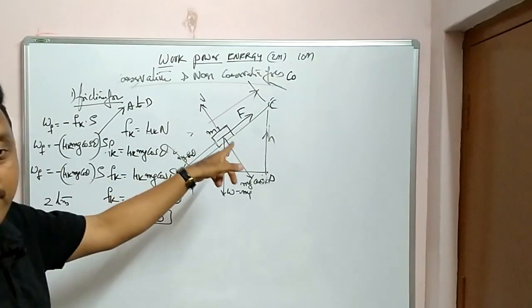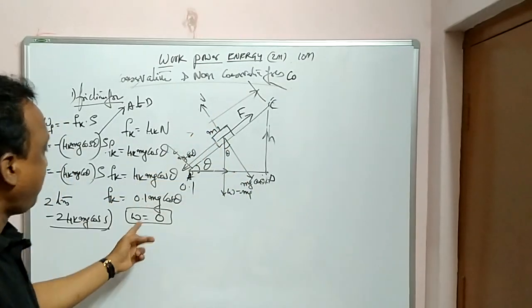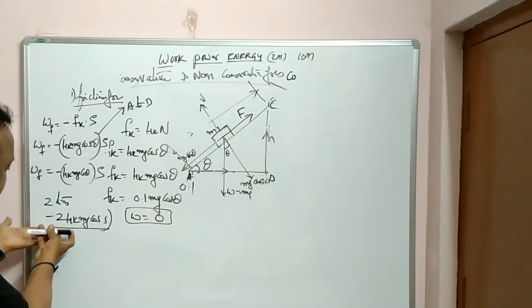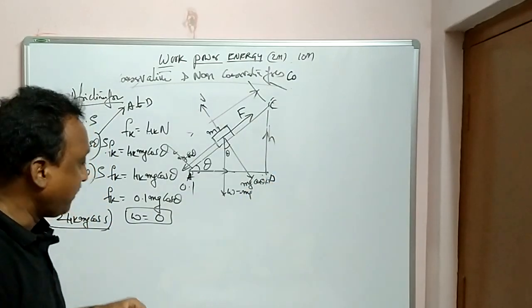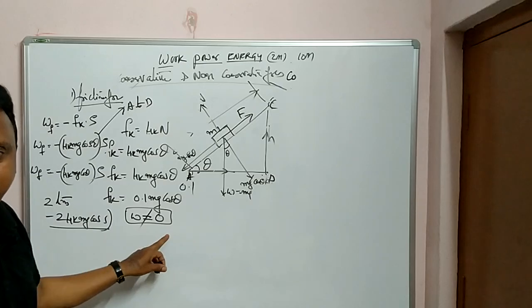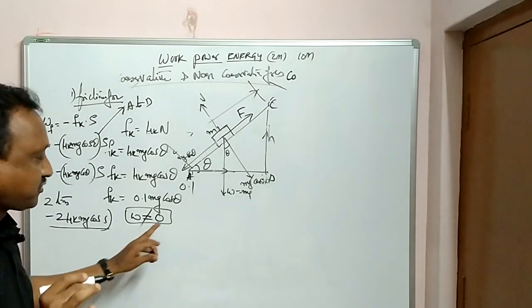But in non-conservative forces, it depends upon the path, because if the path changes, work changes. Here, see, did work come to 0? No. See, work done, you got it two times. That means in non-conservative forces, in the total trip, work is not equal to 0.